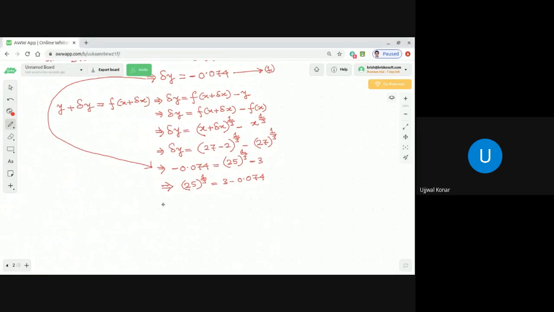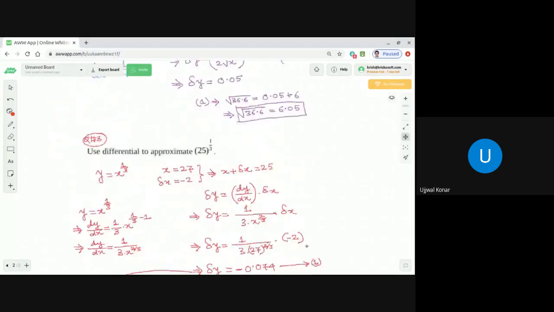So from here what we get, dear students, is that the approximate value of 25 power 1 by 3 is equal to 2.926. I hope you understood it very clearly, dear students.